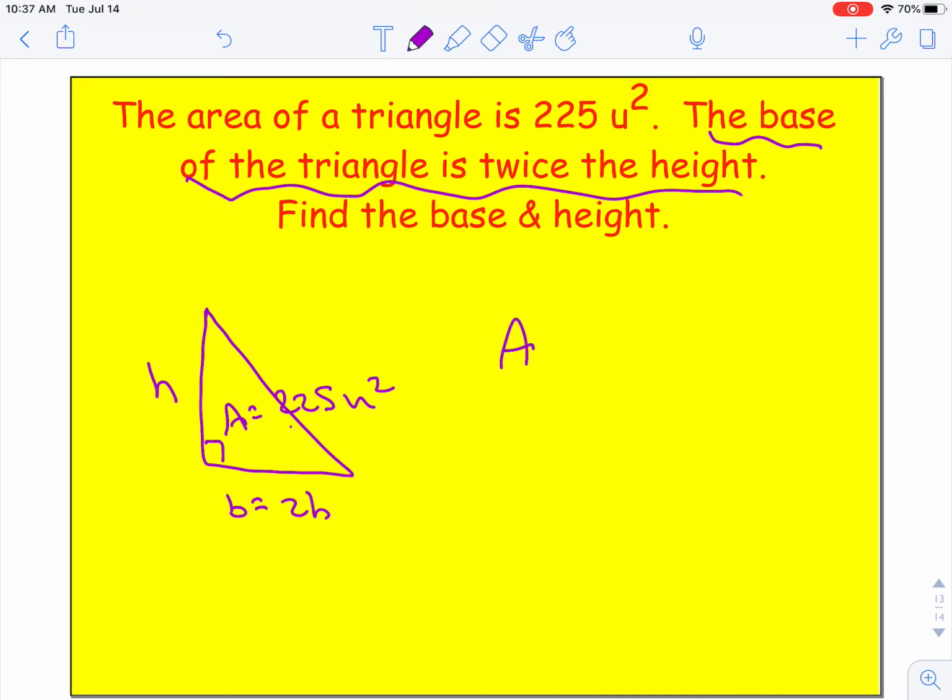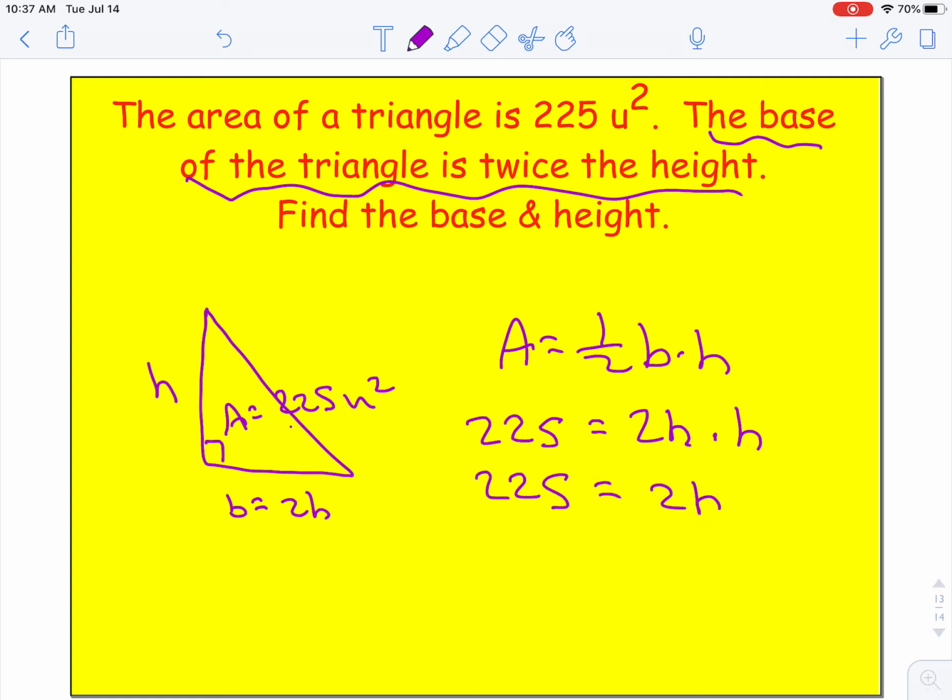So if this is the height, then the base is equal to 2 times the height. So now, when I find the area, 1/2 the base times the height, 225 is equal to my base, which is 2h, times my height, which is h. So now I get 225 is equal to 2h squared.